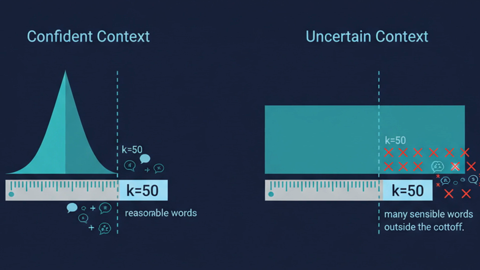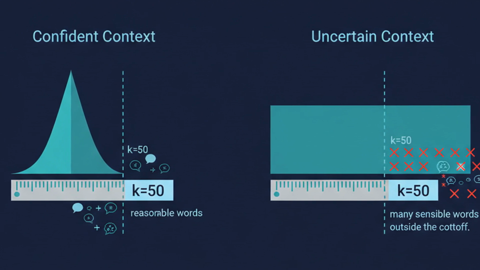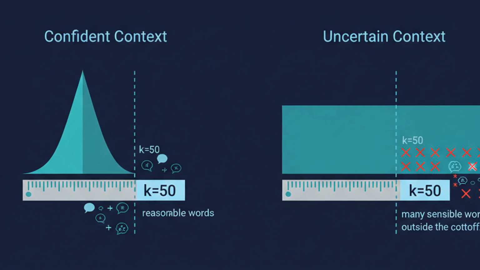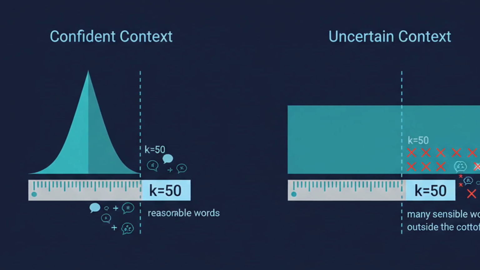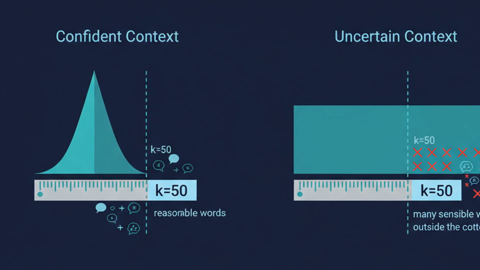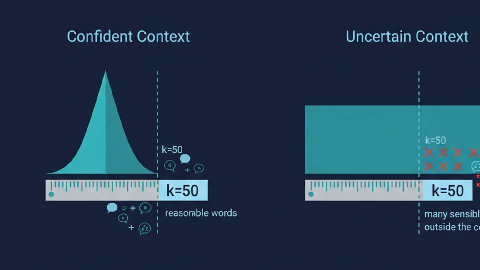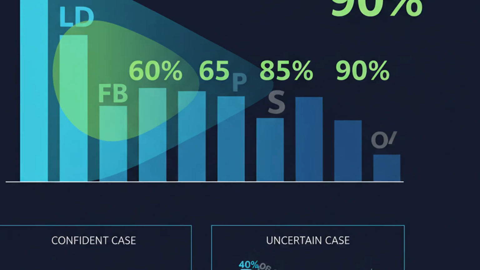Maybe only 5 words make sense. Other times, 500 words could reasonably follow. Using a fixed K of 50 means you either include garbage when the model is confident or exclude good options when it is uncertain. Nucleus sampling, or top P, fixes this beautifully.